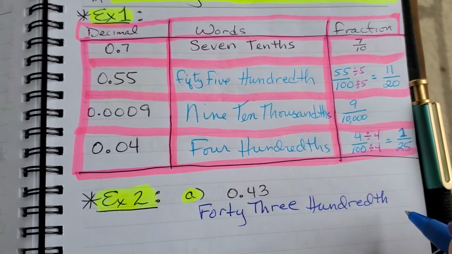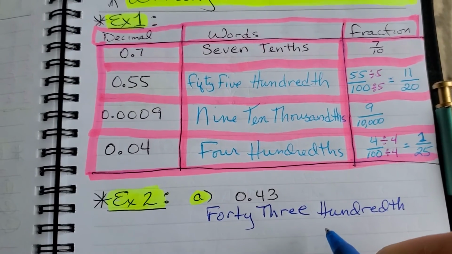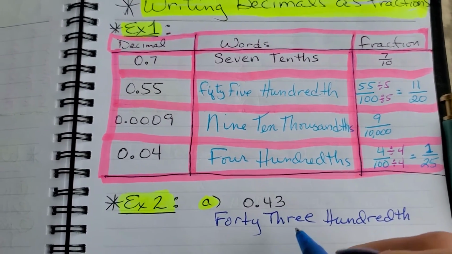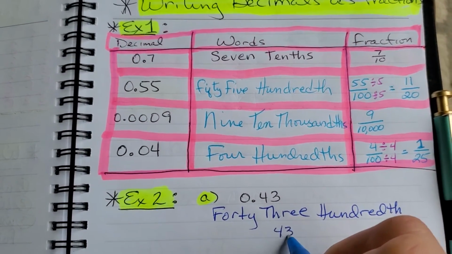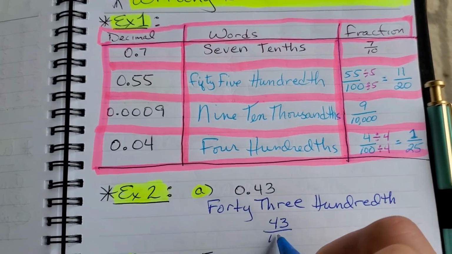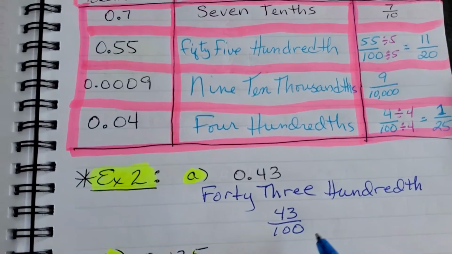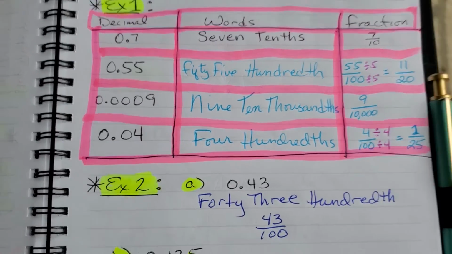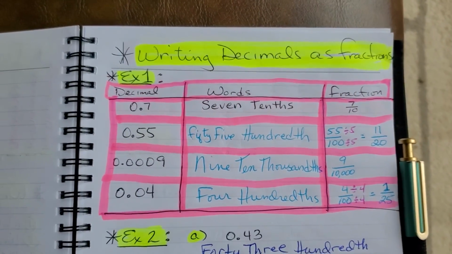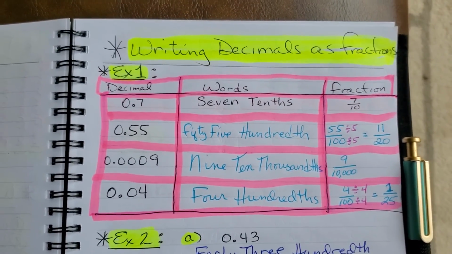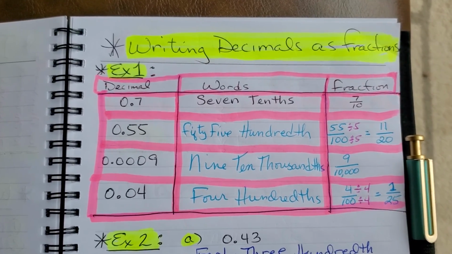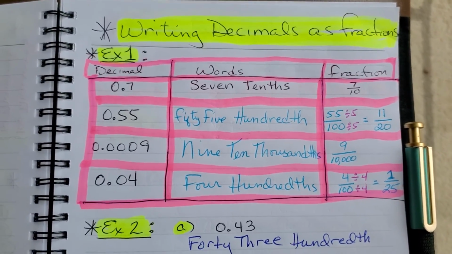And how would we write this as a fraction? Well, again, we would just take that 43 and we would put it over 100. And that is as simplified as this one can be. Okay, so that was how we read decimals and write them as fractions in simplest form.